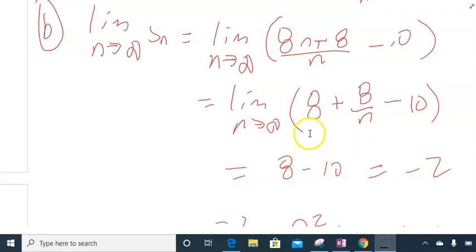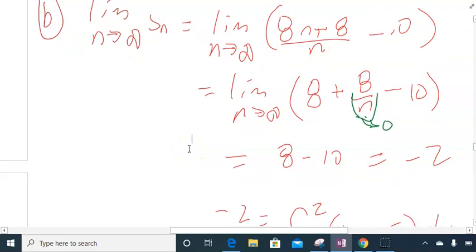So that would be equal to 8 minus 10, because this 8 over n here approaches 0 as n approaches infinity. So that would be 8 minus 10, and that would be equal to -2.